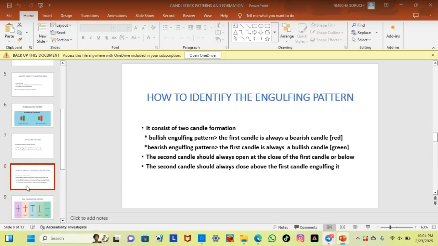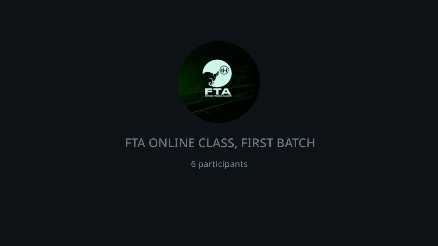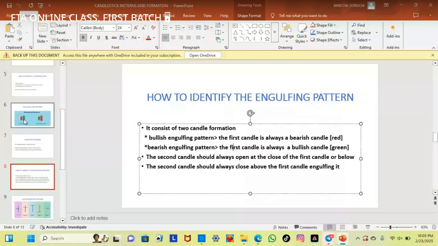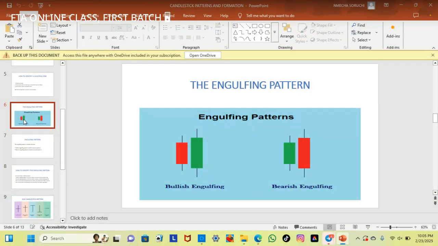Number one, the first candle is always a bearish candle. From what you can see on the diagram here, I believe you can see my mouse, this bullish engulfing pattern here, the first candle you are seeing is a red candle.